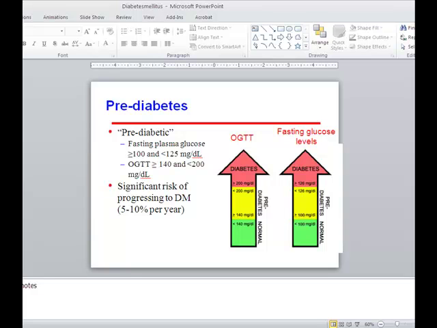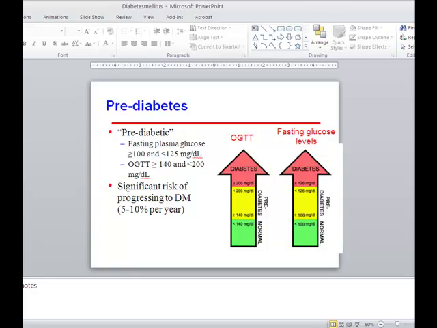Okay, so we have these numbers for who likely has diabetes and who does not, but then there is a normal range and an intermediate range that they talk about as being pre-diabetic. So they're at a higher risk of developing diabetes at those intermediate levels. If you take the fasting plasma glucose, 126 milligrams per deciliter or greater is a sign of diabetes.